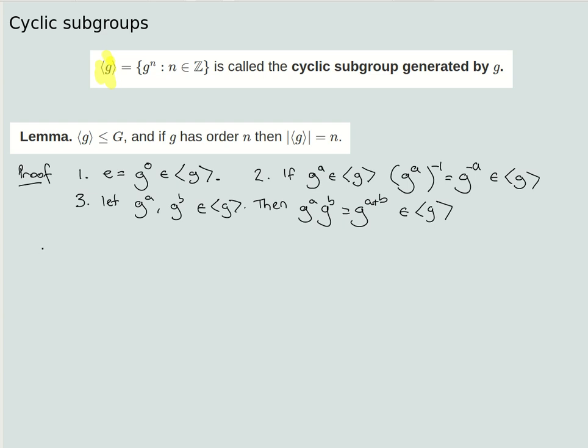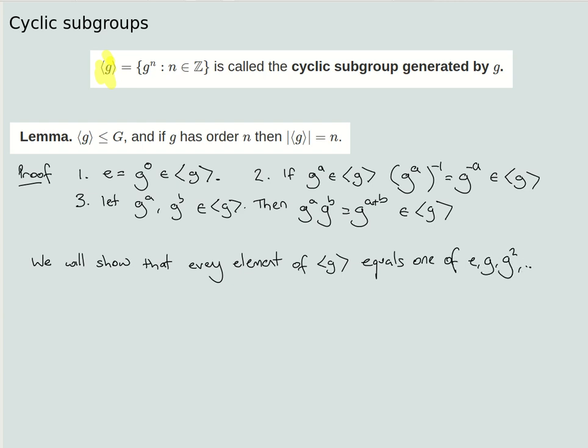So in order to do this, we will show that every element of the cyclic subgroup pointy brackets g equals one of the identity, g, g squared, and so on up to g to the n minus 1.